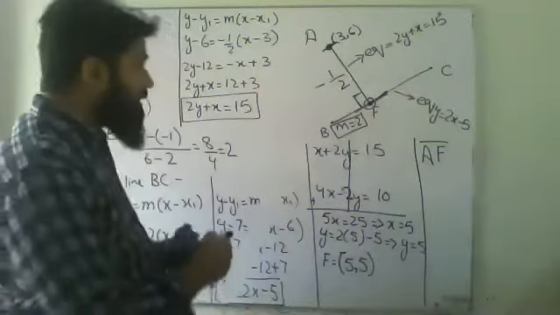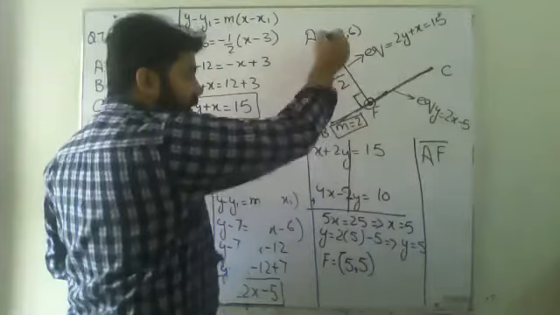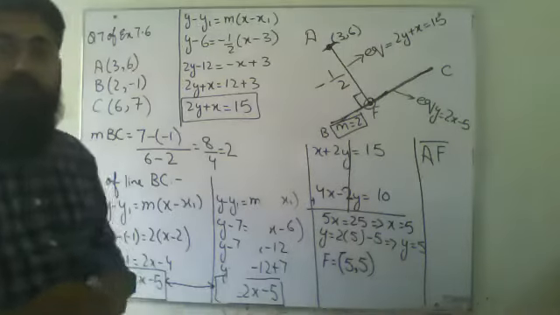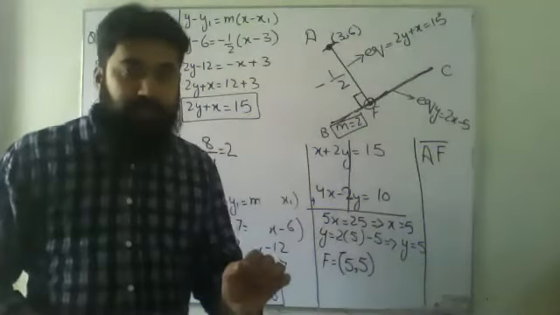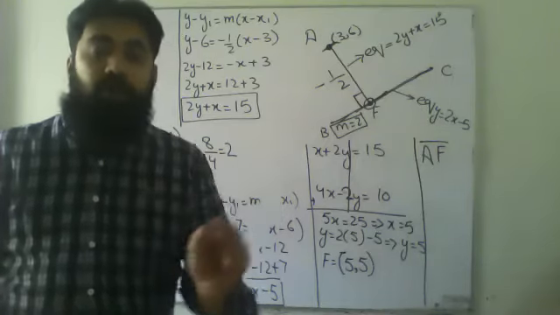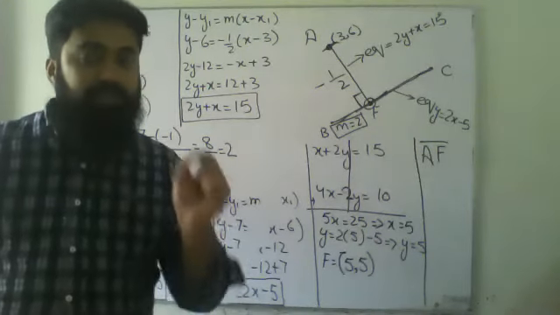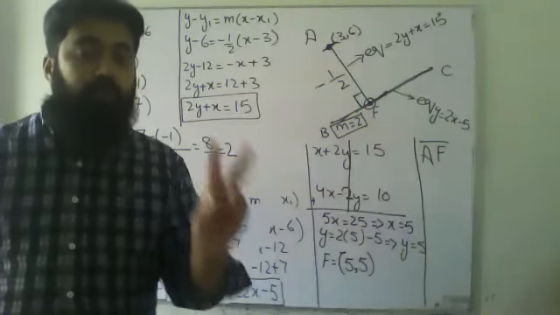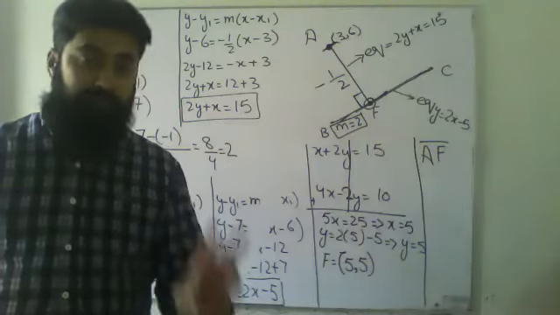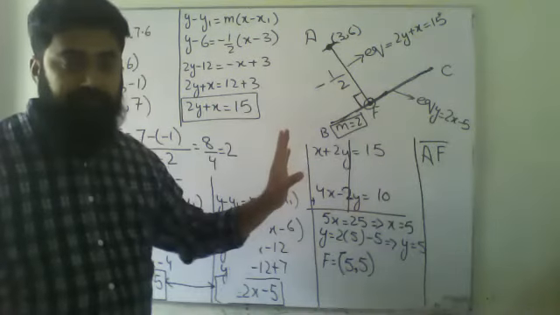A point is there and a line is there. Find its perpendicular distance. But in order to find the perpendicular distance, first of all you should have a foot of perpendicular. And foot of perpendicular means the intersection point of two perpendicular lines. First you have to get that, like I have found over here.